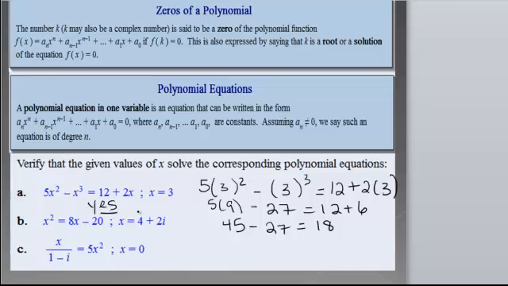So how about b? We would take the 4 plus 2i and plug it into this equation.